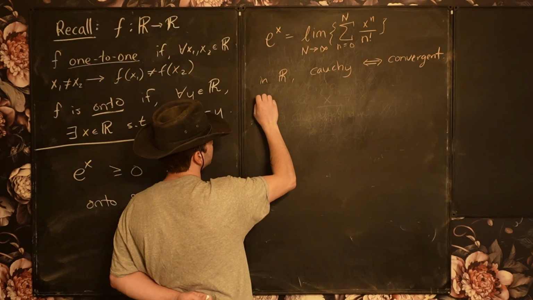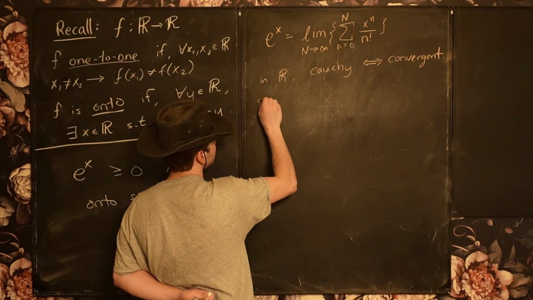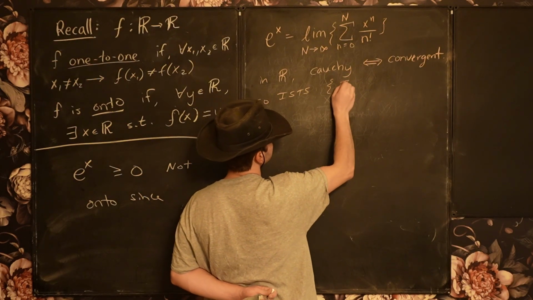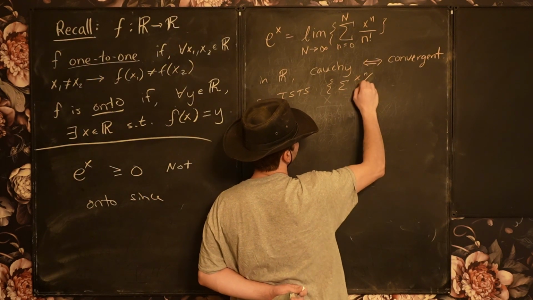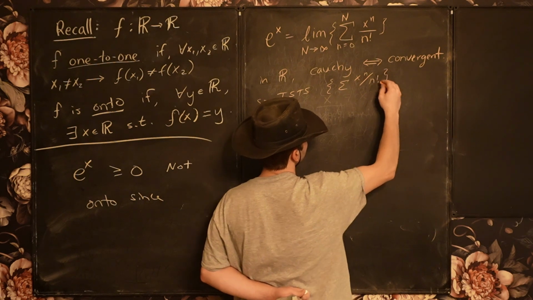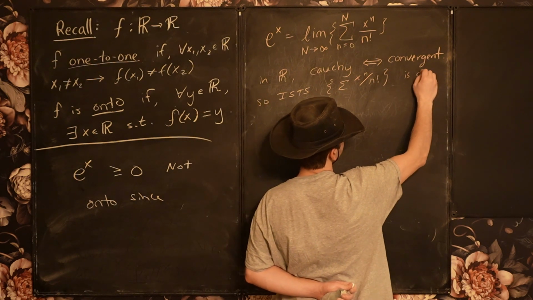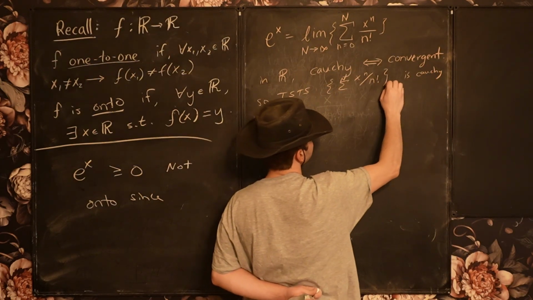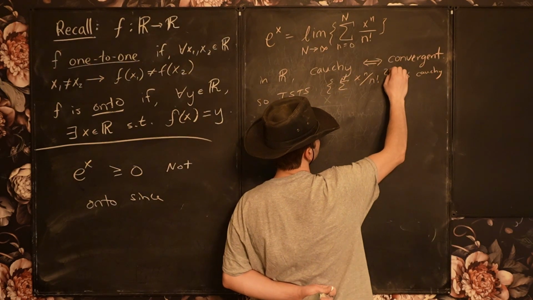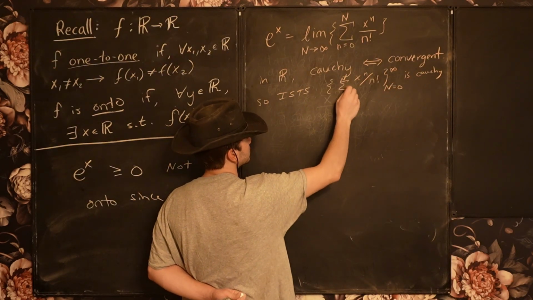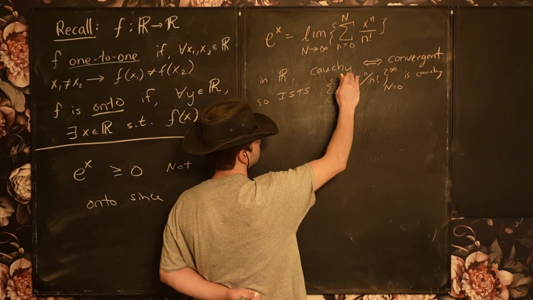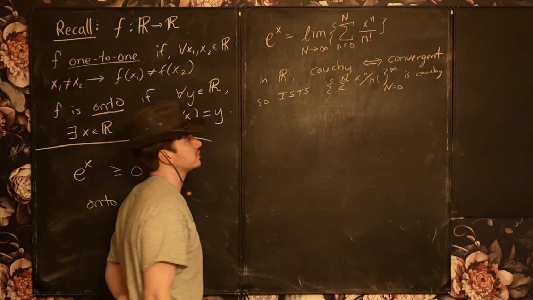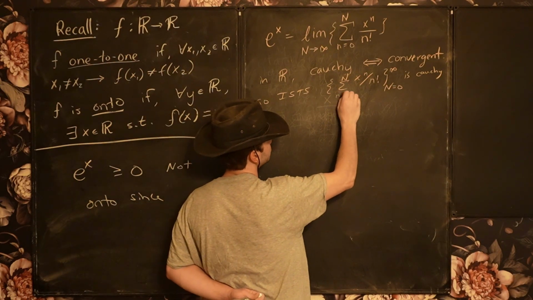It suffices to show that this sequence of partial sums of x to the n over n factorial is Cauchy. The index of the sequence is capital N, which is the index of the final term of the summation, the length of the summation.